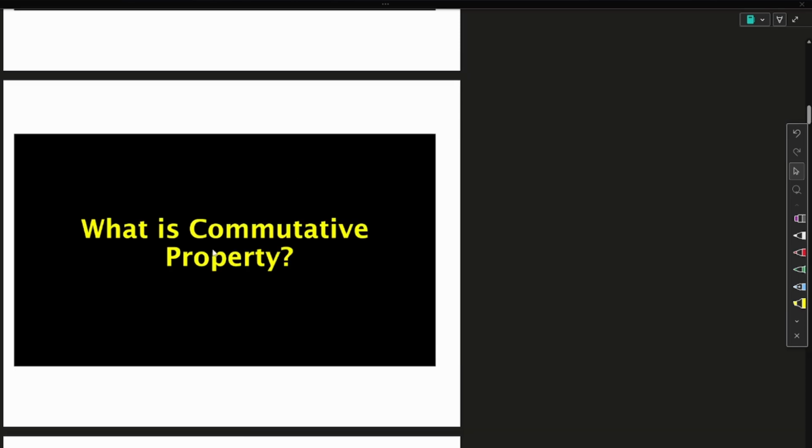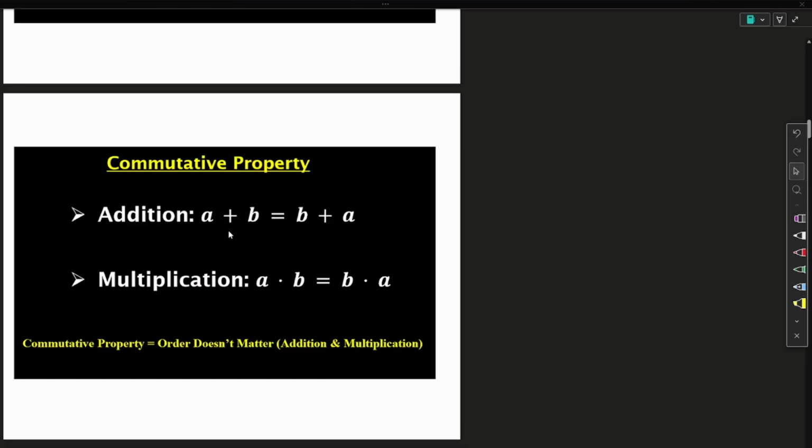So what is the commutative property? The commutative property tells us that the order in which you add or multiply two numbers does not change the result. And this property applies to addition and multiplication.